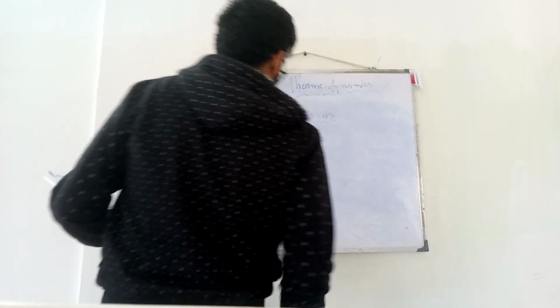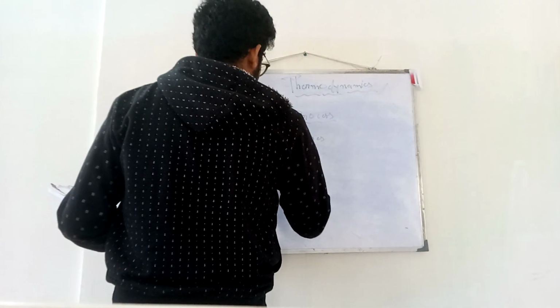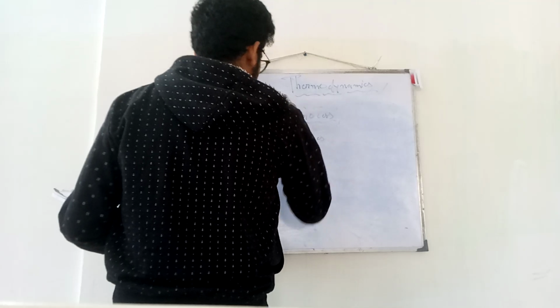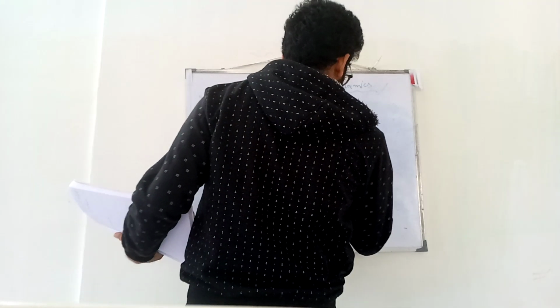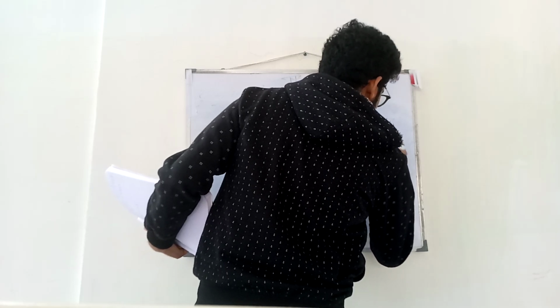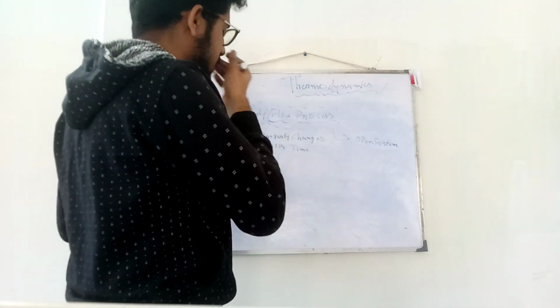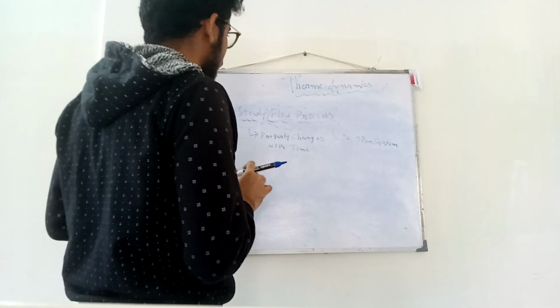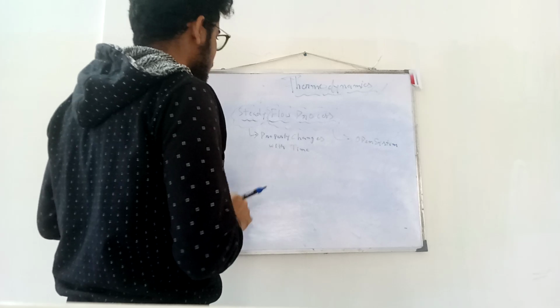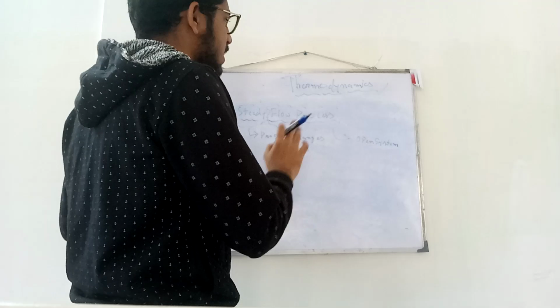Okay, property changes with time. And the flow process means open system. So the whole thing means the property which changes with time in open system is called steady flow process.